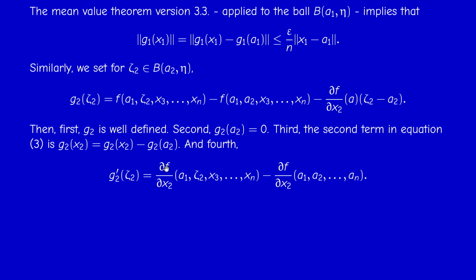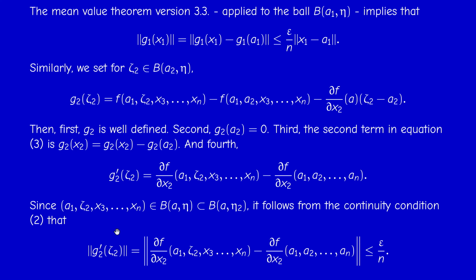And G2 is differentiable because f is differentiable. So the derivative of this is the partial derivative of f with respect to the second variable. This is a constant again, and this term is linear and continuous in zeta2, so its derivative is just this map.